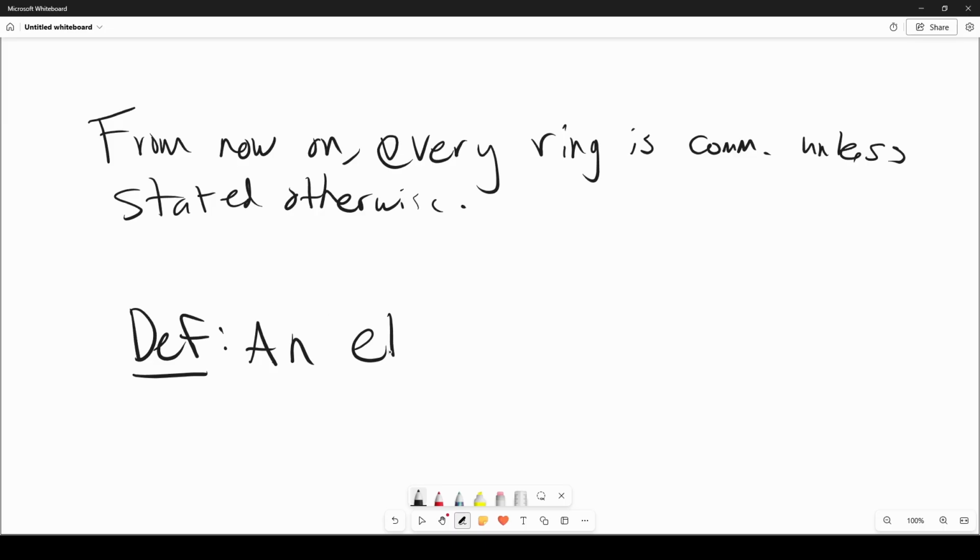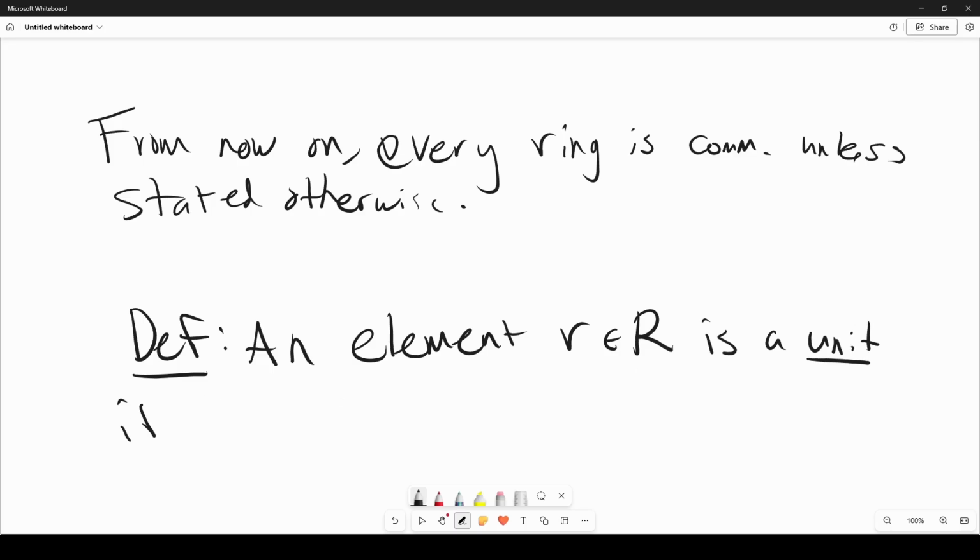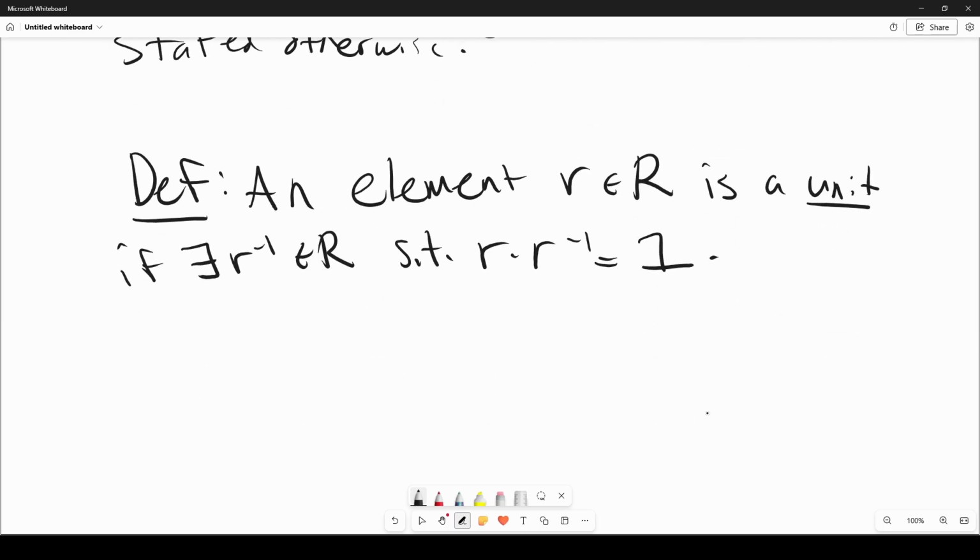So an element r in my ring is a unit if there exists r inverse in R such that r times r inverse equals 1. Okay, very simple.